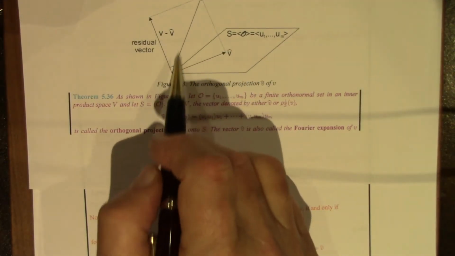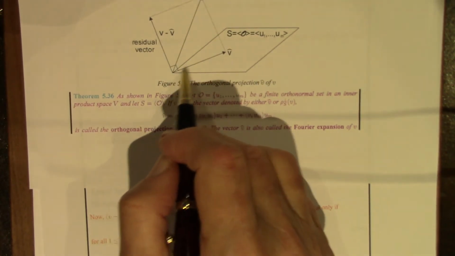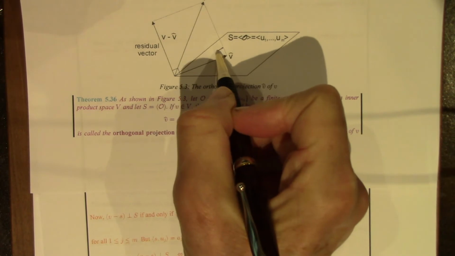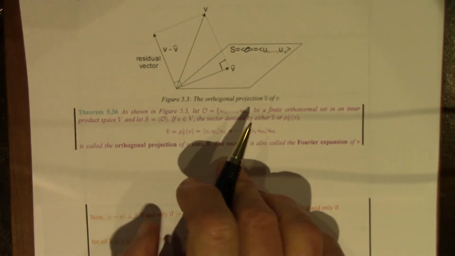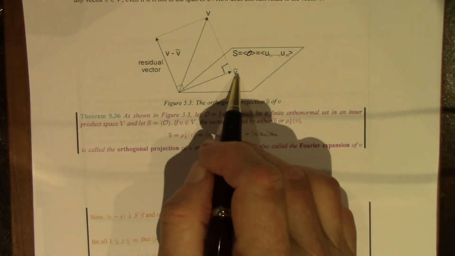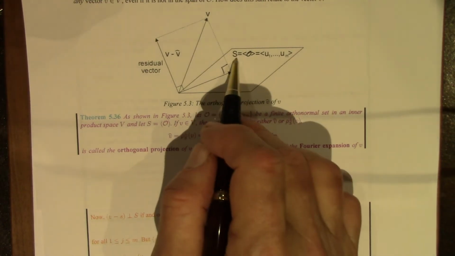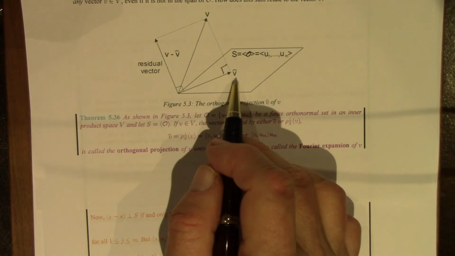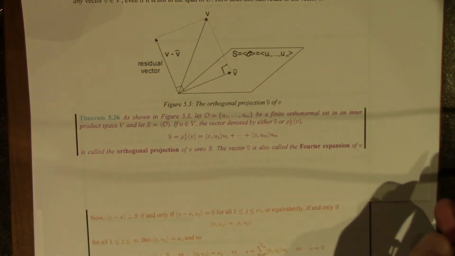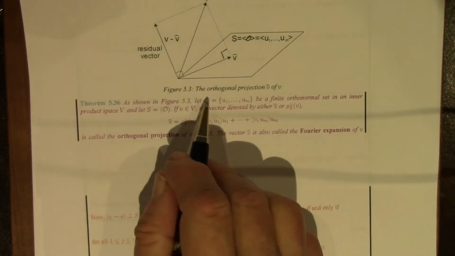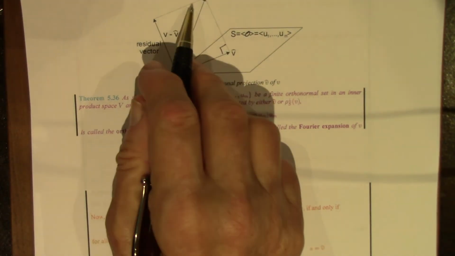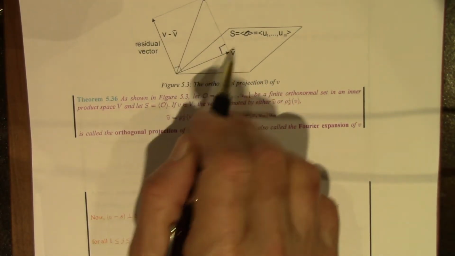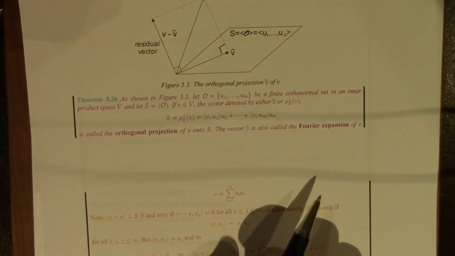And this is the picture. Here is v, and here is v hat, which belongs to the subspace S. This is the orthogonal projection. Of course, if v is in S, then the orthogonal projection v hat is equal to v.